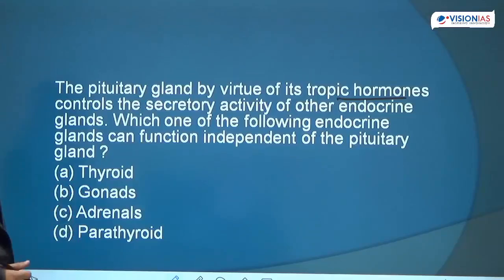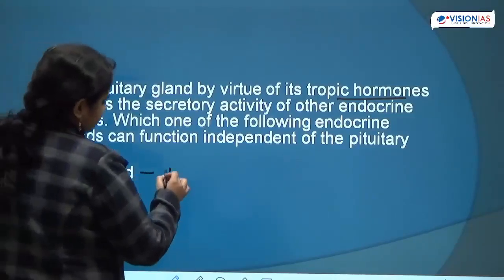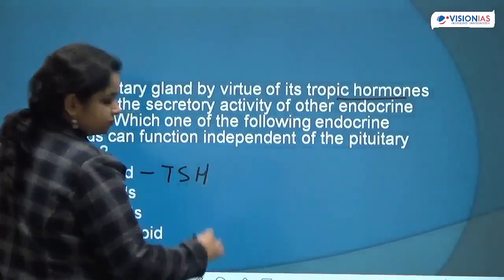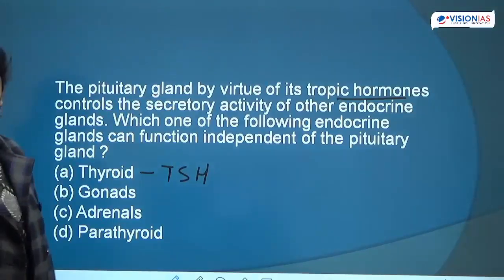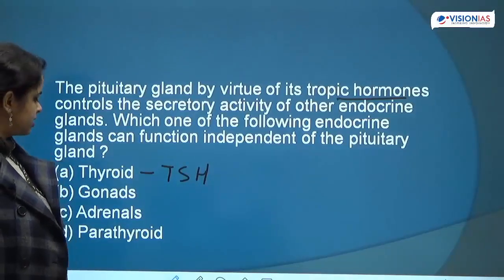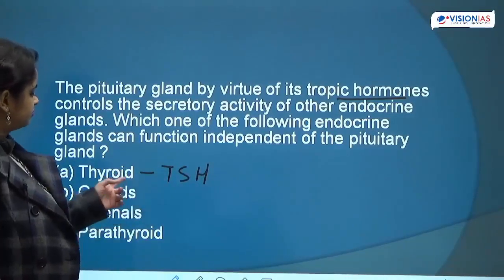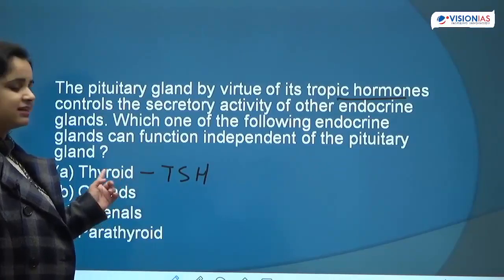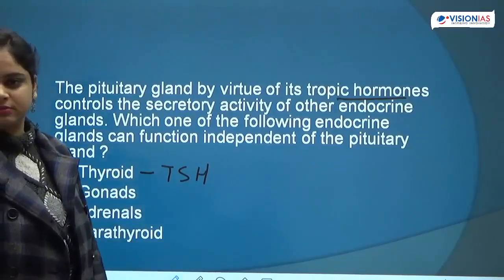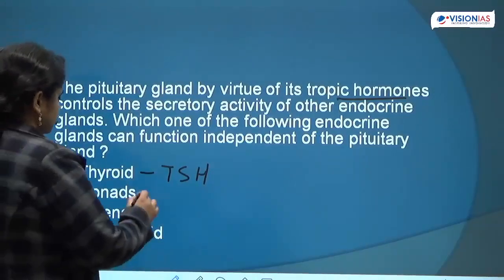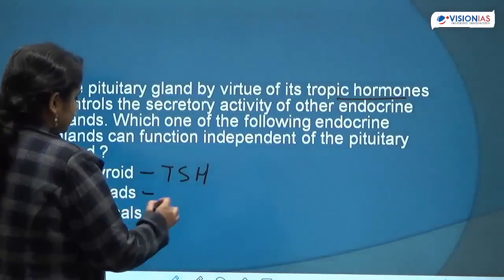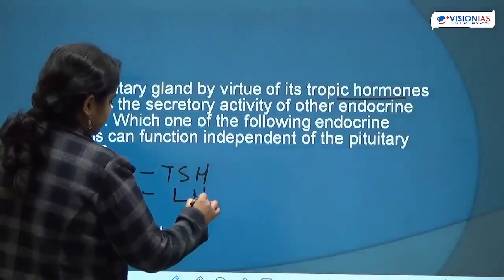Let's see our options. Thyroid. For thyroid we have TSH. TSH means that TSH is first going to be released, then the thyroid will produce its hormones. Then gonads. For gonads we had LH.